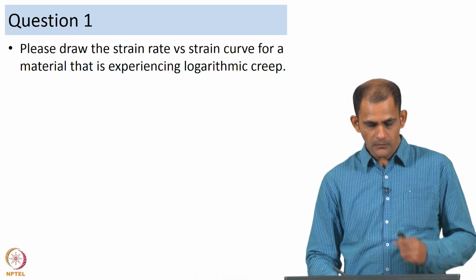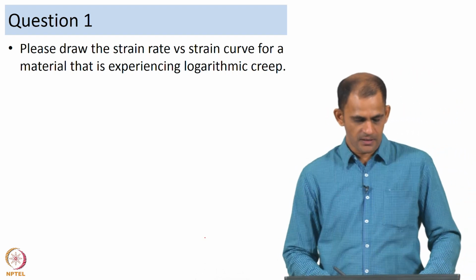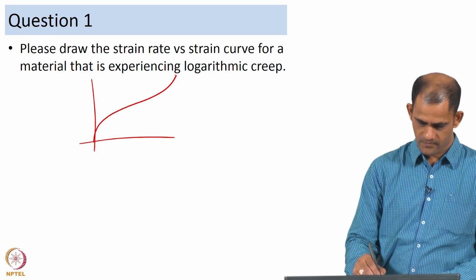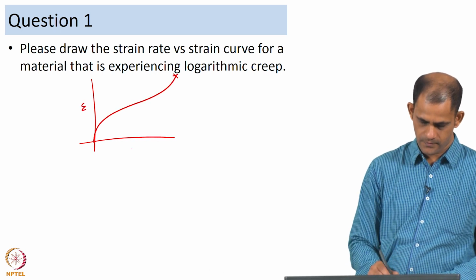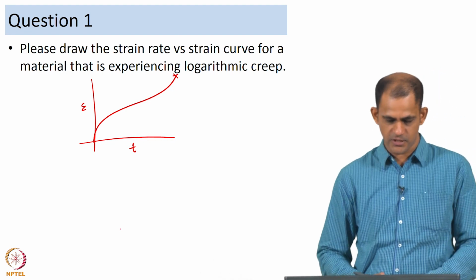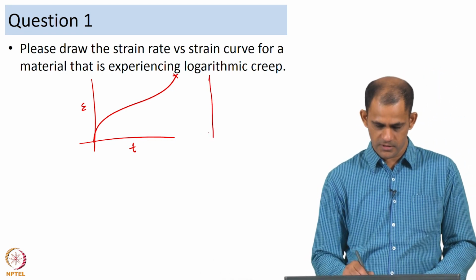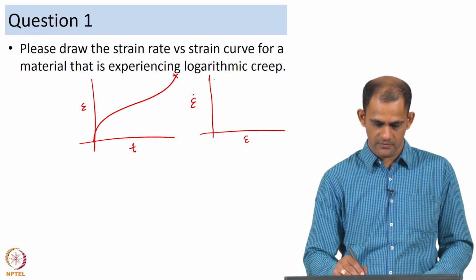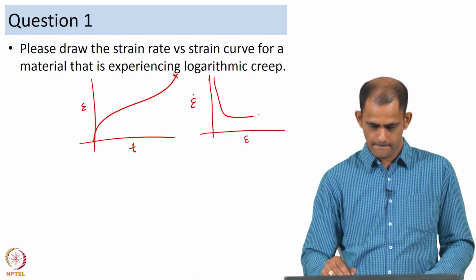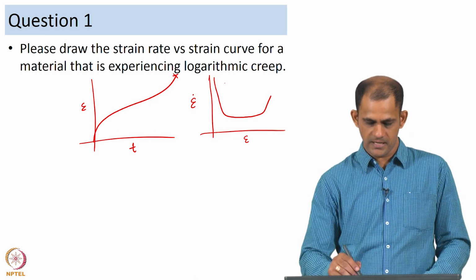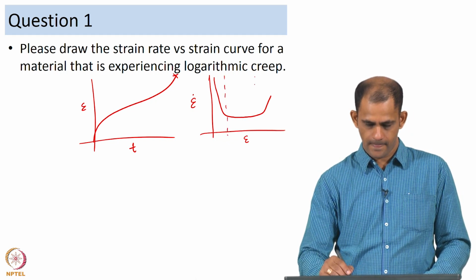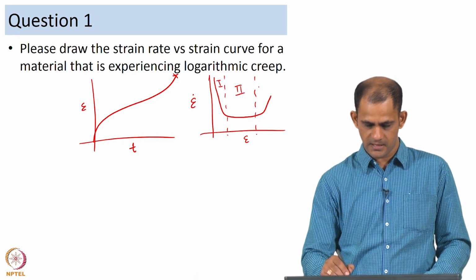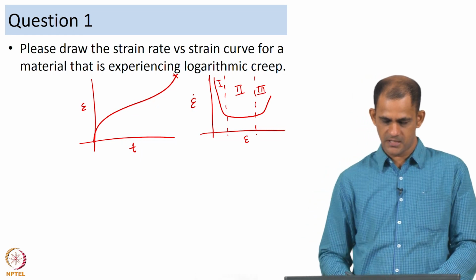In a general creep curve you have primary, secondary and tertiary stages, and if you plot the strain rate versus strain for a regular creep curve, this is how it will look. This is the primary creep stage, secondary creep stage and tertiary creep stage.